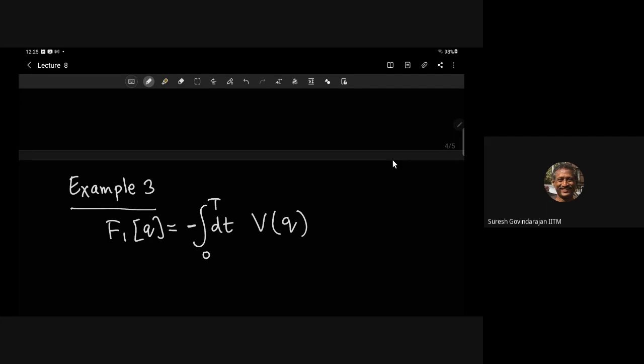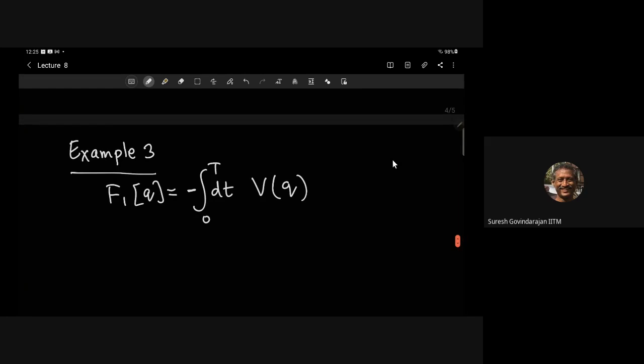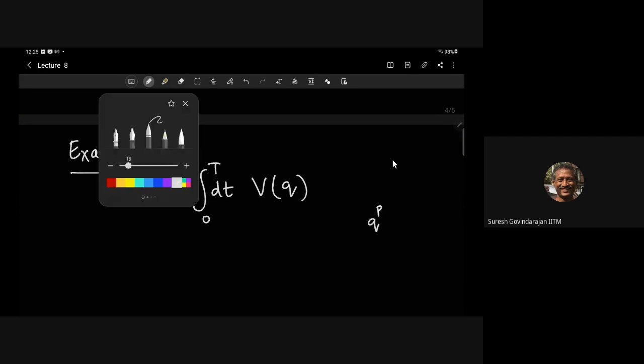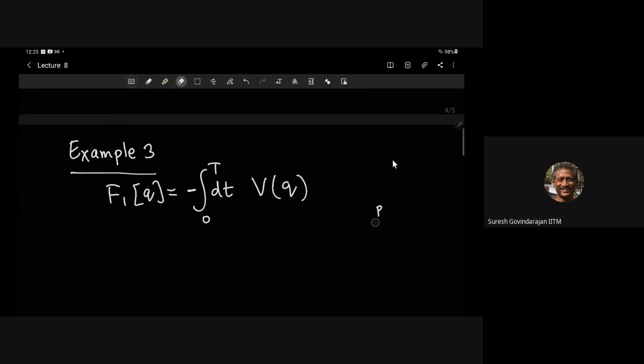What is happening here is you're given some function v of q, only a function of q, and we would like to compute what the functional derivative of this would be. We did special cases last time, when v of q was q power p. It's the same thing, so if you just go ahead and do this.